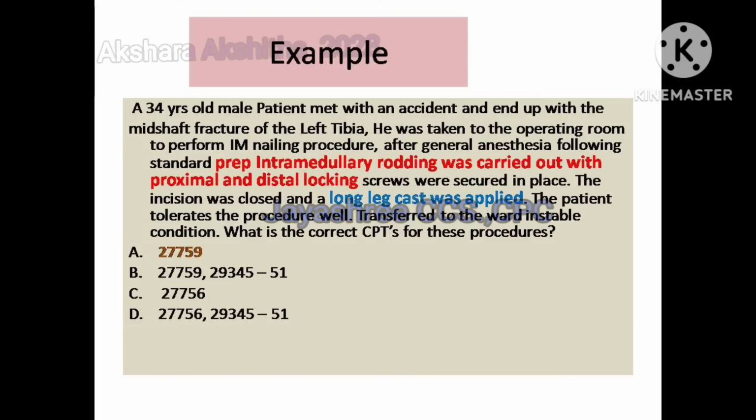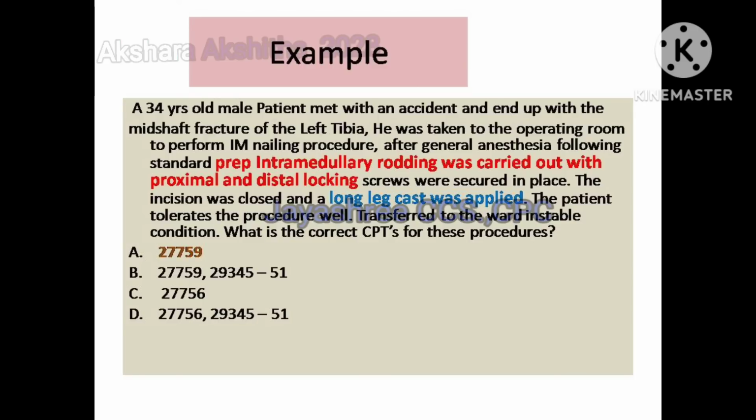In this procedure, as per the coding tips, what is the type of treatment? There is an incision, which means open treatment. What is the site of the fracture? Mid shaft fracture of the left tibia. So we identified two points. Then check whether the cast is applied along with the main procedure.